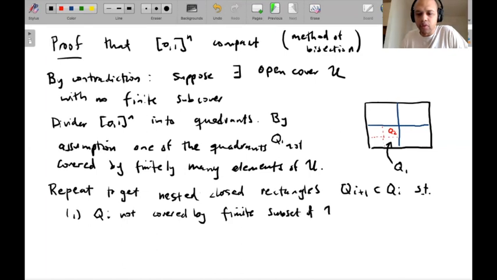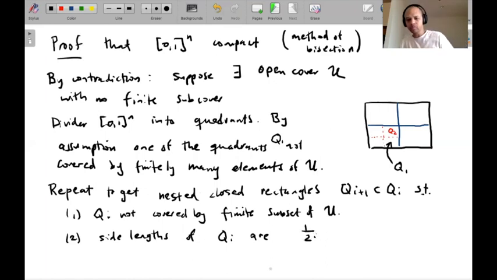And the second important property that Q_i has is that the side lengths of Q_i are 1 over 2 to the i. They're going to 0, so these cubes are getting smaller as we proceed.